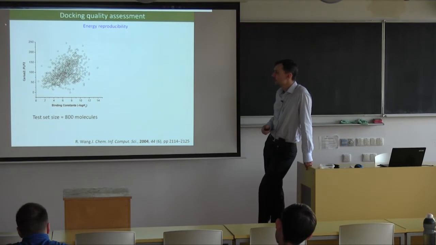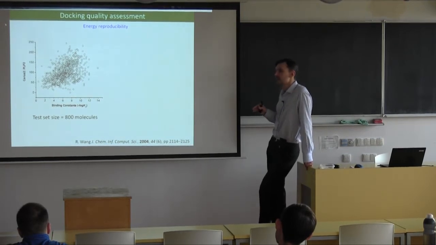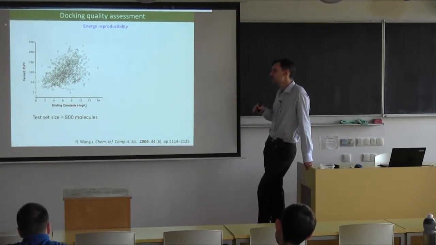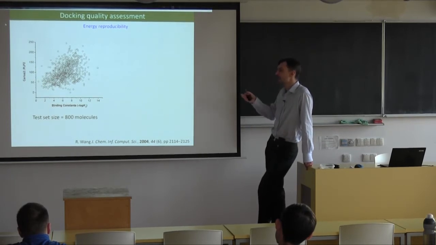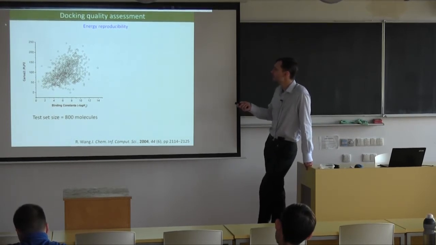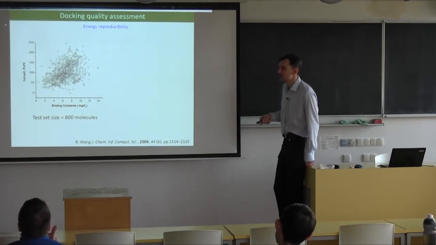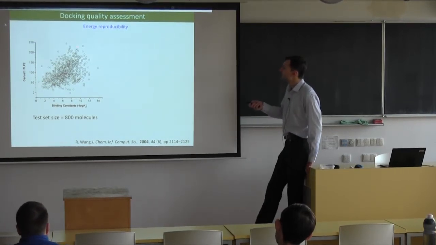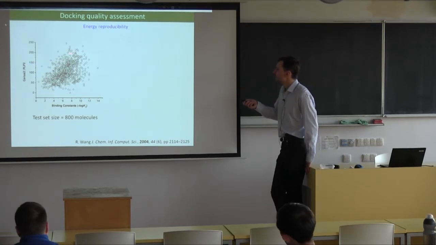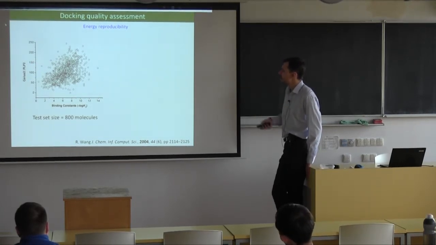However, when we talk about the quality of energy prediction, for docking it's quite difficult. As I told you, it is very difficult to reproduce the energy. And if you try to compare the scoring function with observed binding constants for different compounds and proteins, we will observe that there is probably no correlation at all.